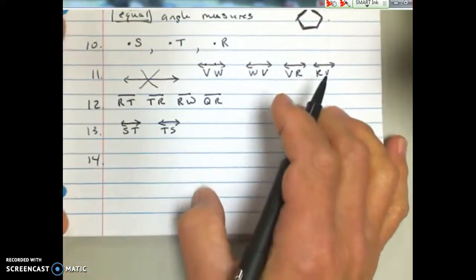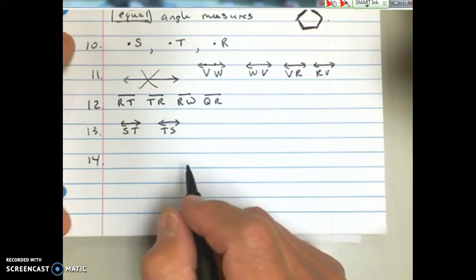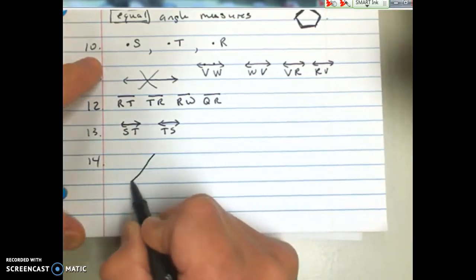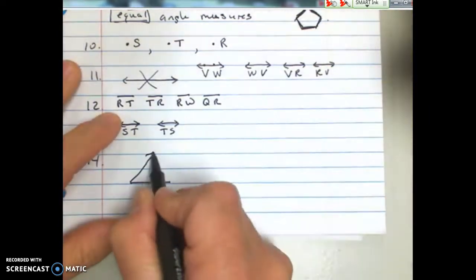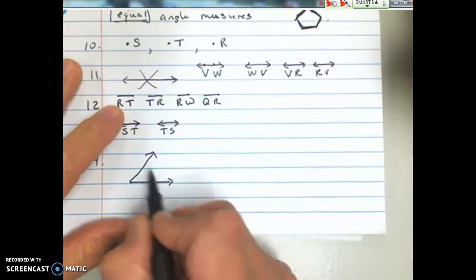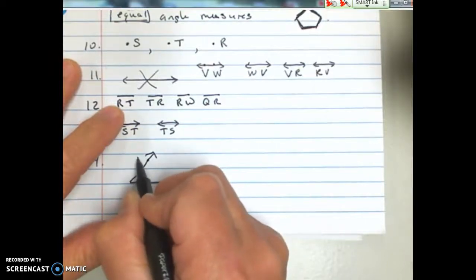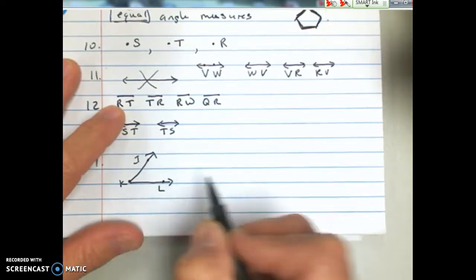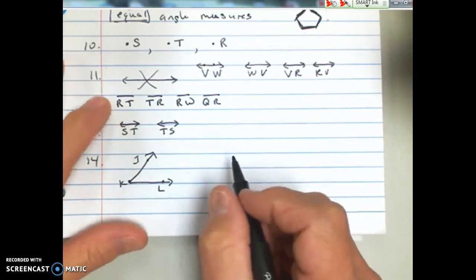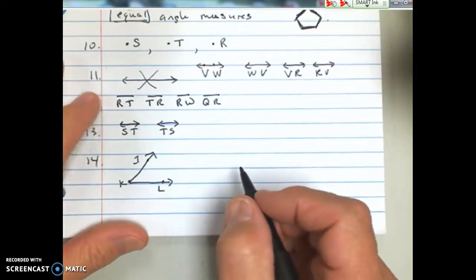Number 14, we have name the angle in 3 ways and what is its vertex. So here's our drawing of our angle right now. We have this angle drawing, and it's angle JKL. Make sure you use all caps. Name the angle in 3 ways, and then what is its vertex.